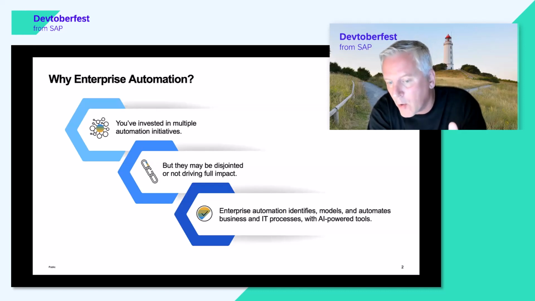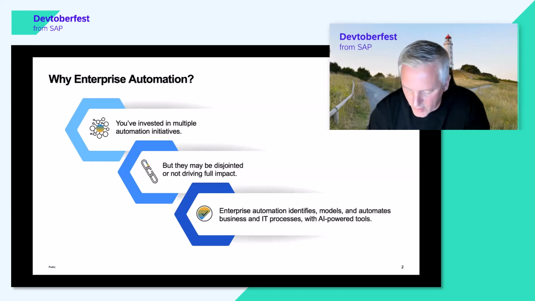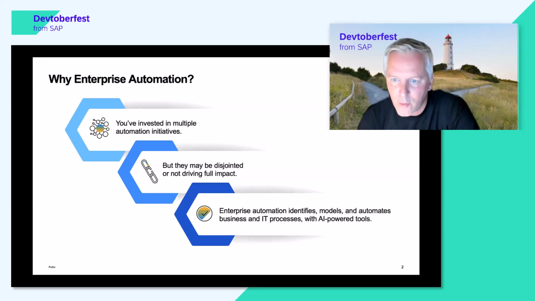But what we found out, if we talk to customers and developers, is, hey, we have invested a lot in multiple automation initiatives, and we have islands of automation that are disjointed. They're not driving the full impact. And enterprise automation, bringing together the best of integration and also process mining and process analytics with citizen development, is addressing what we call enterprise automation.